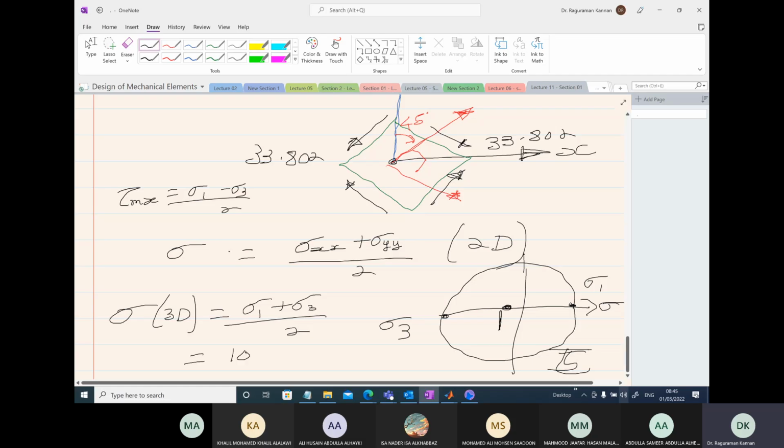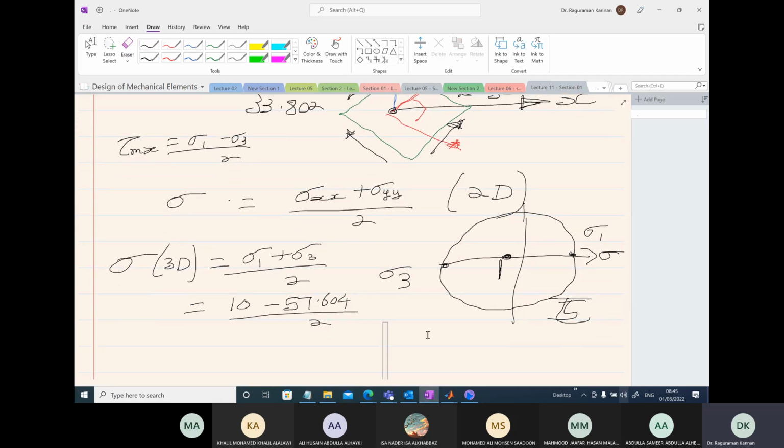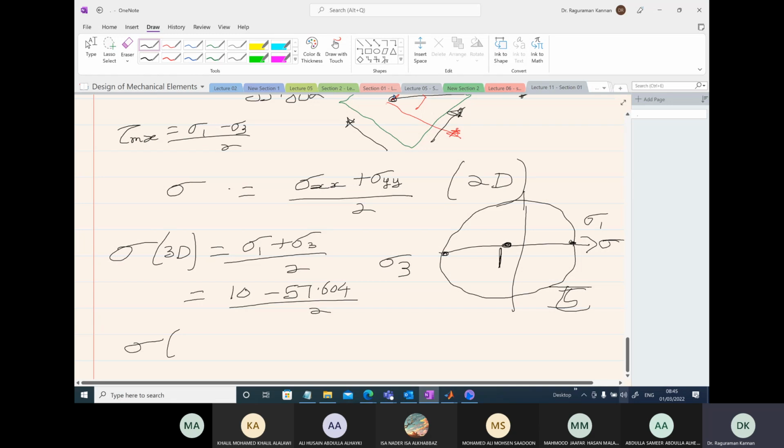Sigma 1 value is 10 and sigma 3 value is negative. So since it is negative, we have to write it as minus 57.604 over 2. So this is the value of sigma in 3D.